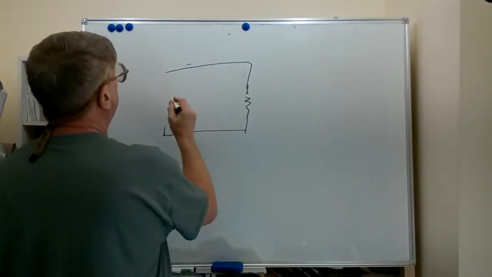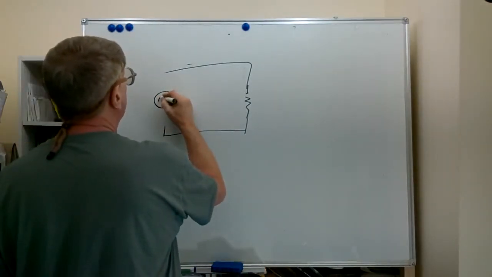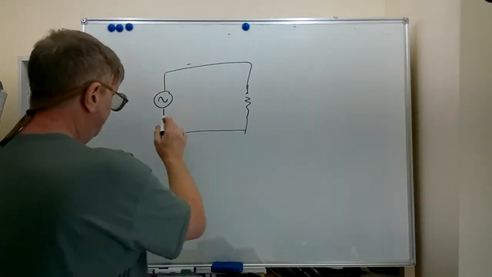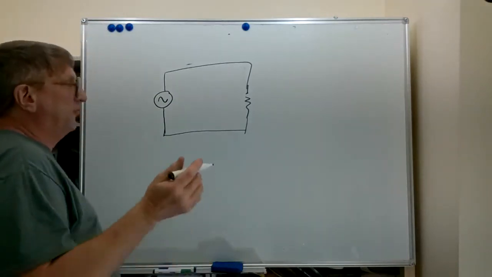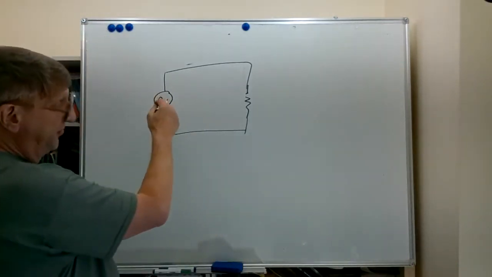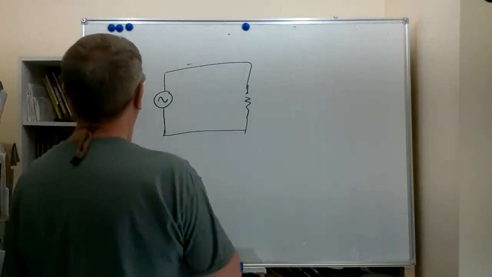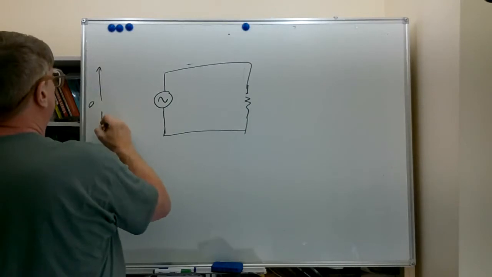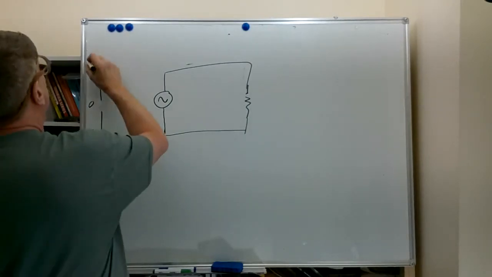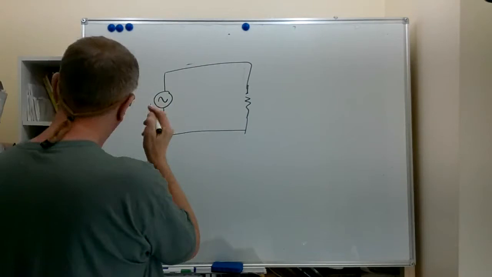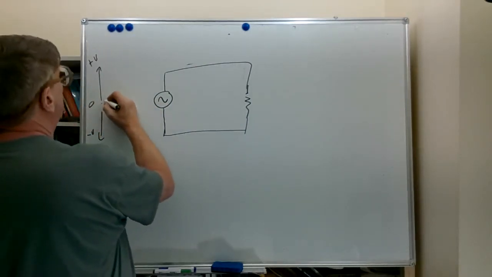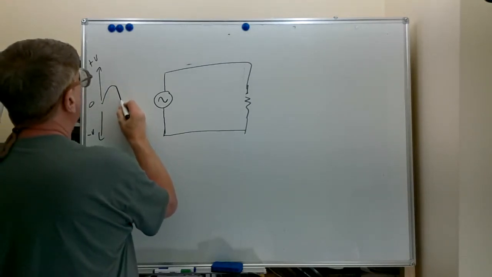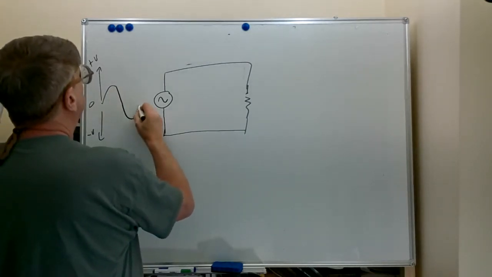If we replace this battery with an AC source, you notice we've drawn a little sine wave, and basically we have minus voltage, plus voltage. Initially, we start with 0 voltage, we move up in the positive direction, then we start to decline down, and then we go negative direction.